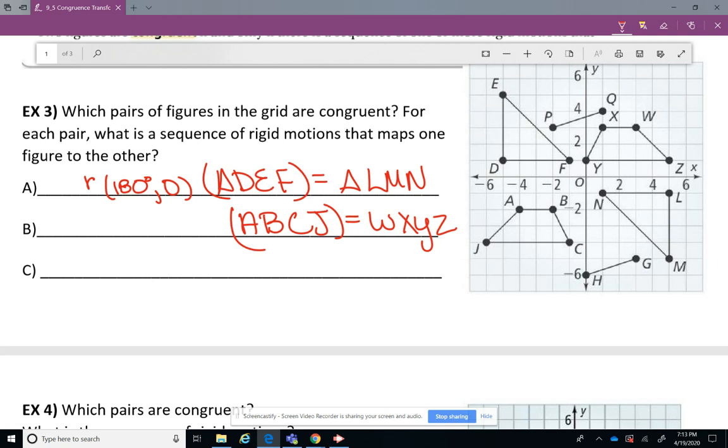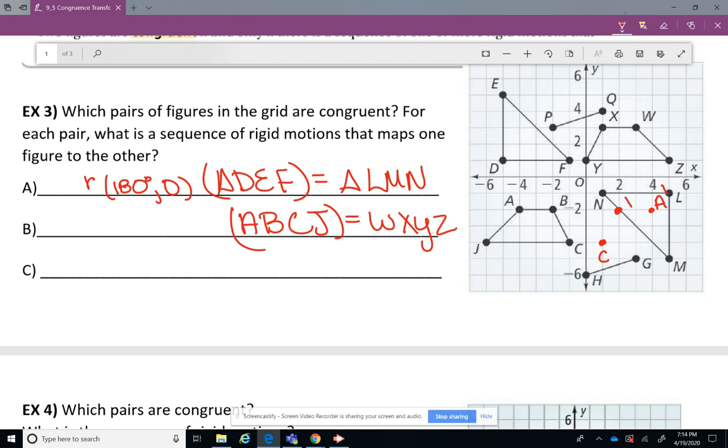So let's see. We could reflect it over the y-axis. And by doing that, C would become here, B would be here. A would be, see, it's 4 away, so 4 away here.